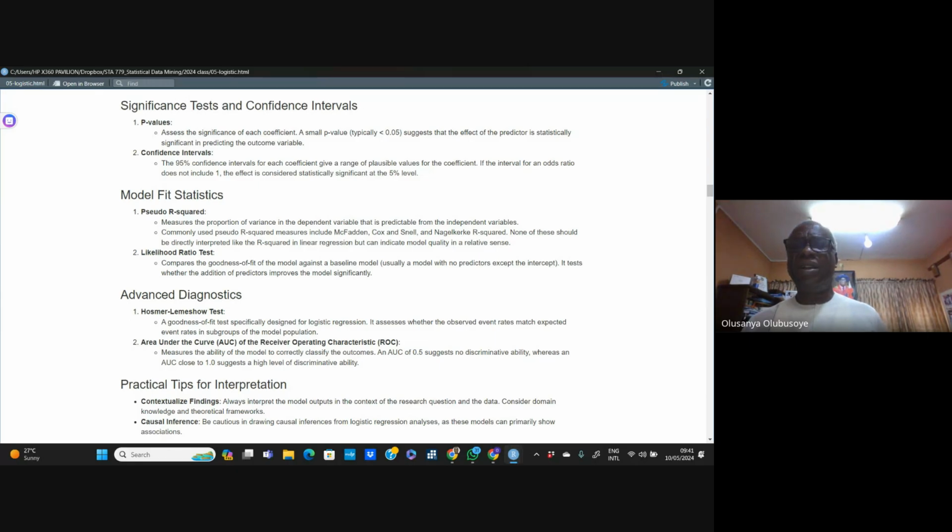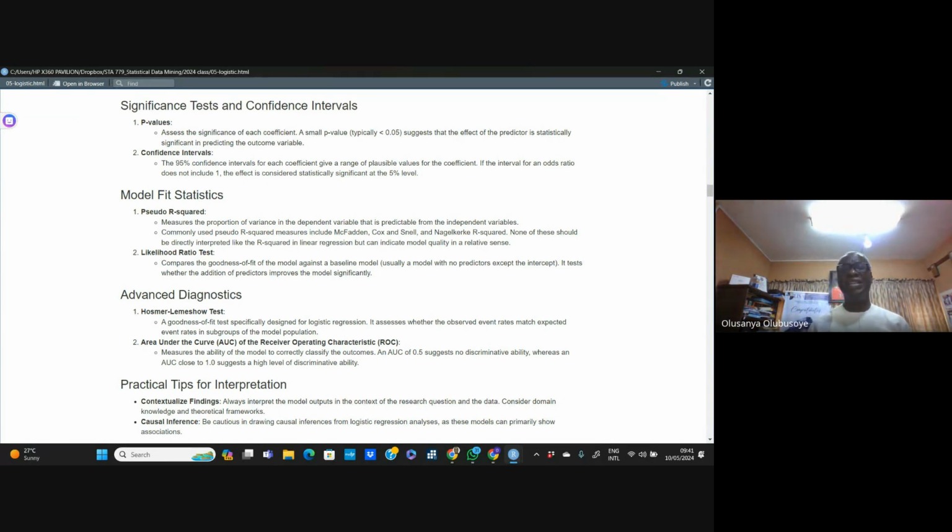But you should not interpret them the way you interpret the R-square in linear regression. If you are interpreting these, you must be comparing them with another model.